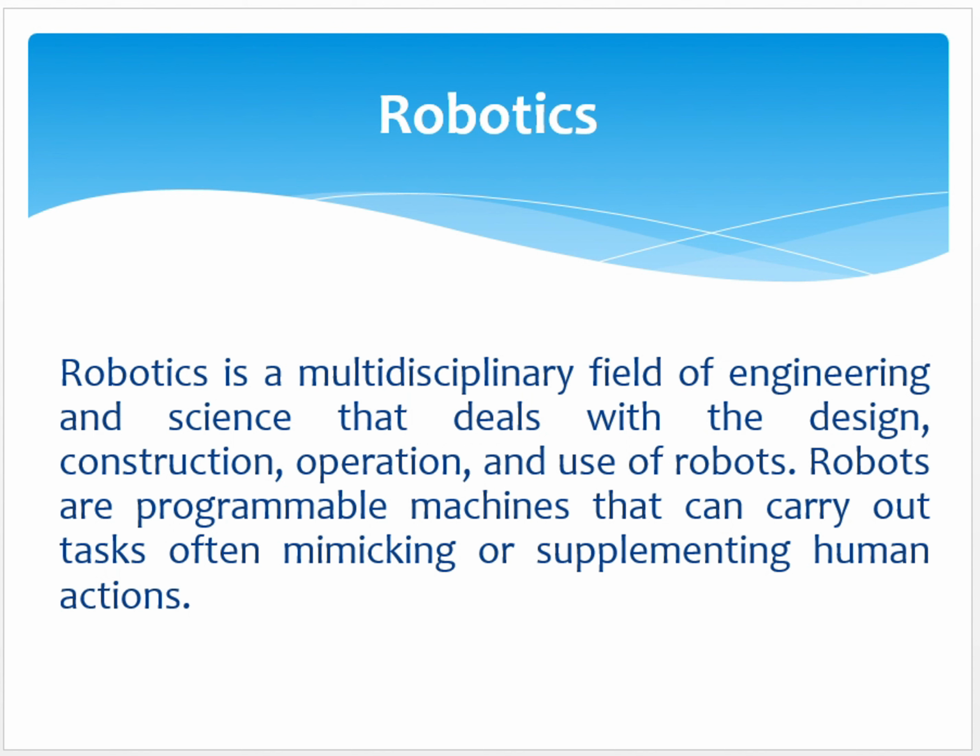So robots are programmable machines that are programmed to carry out tasks so that they can maybe assist or supplement human actions, or mimic, copy, and behave like humans. They're called robots, programmable machines.